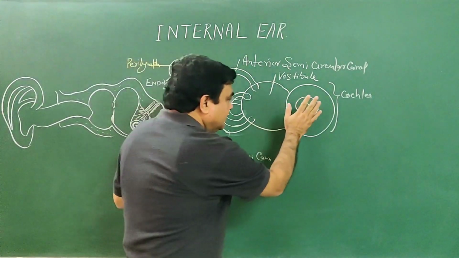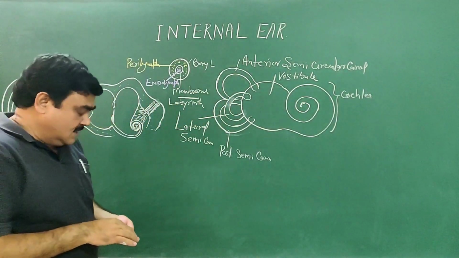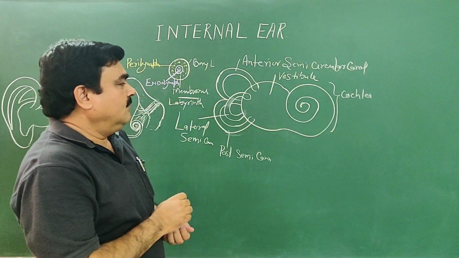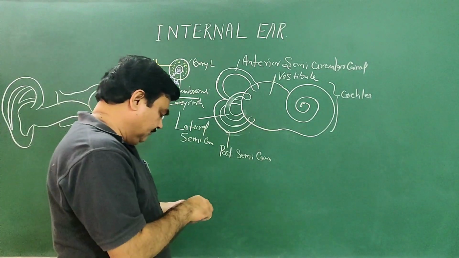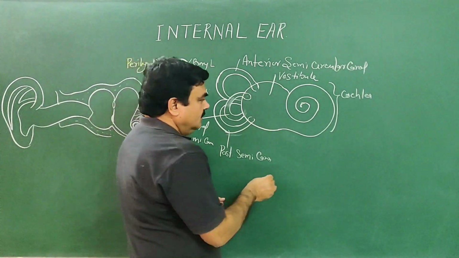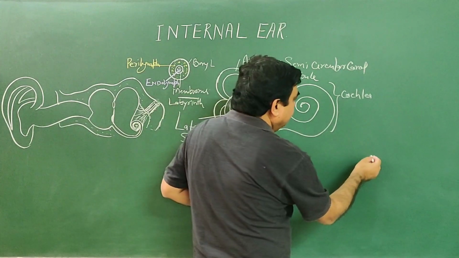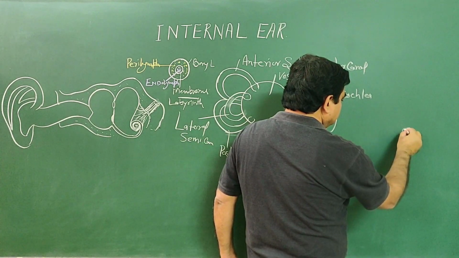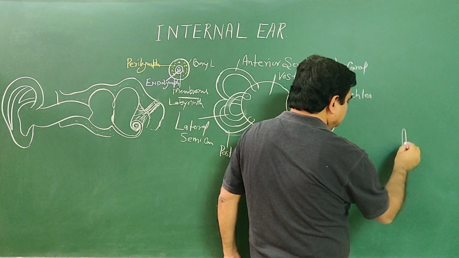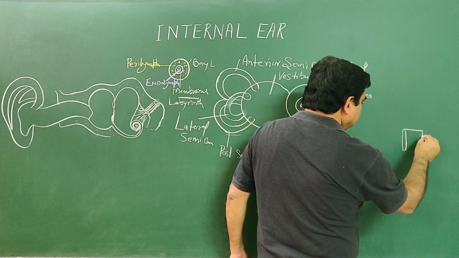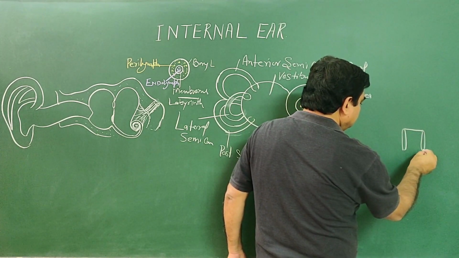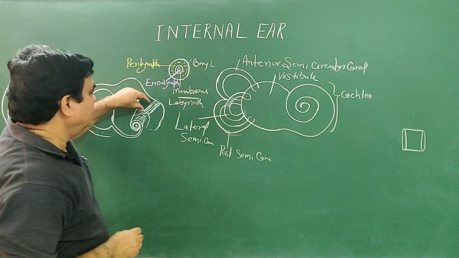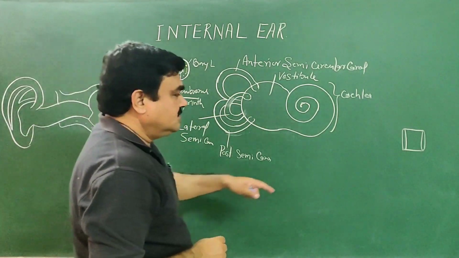Now we discuss the details of this cochlea. Here you can see the cochlea basically has two components. If you make a diagram here, you can see this is the internal acoustic meatus.